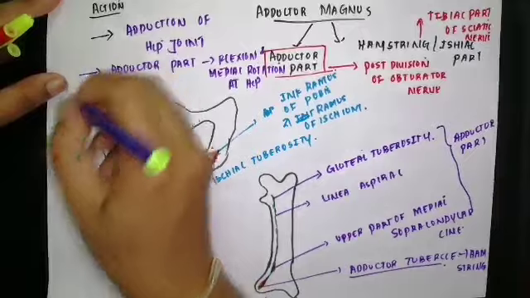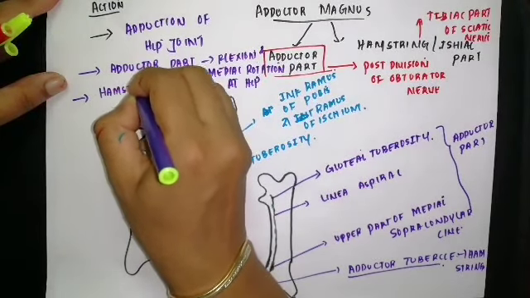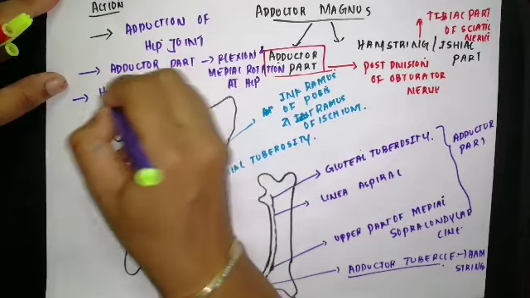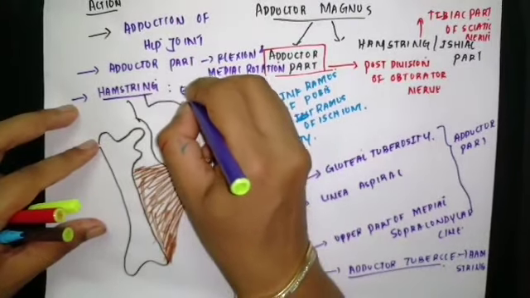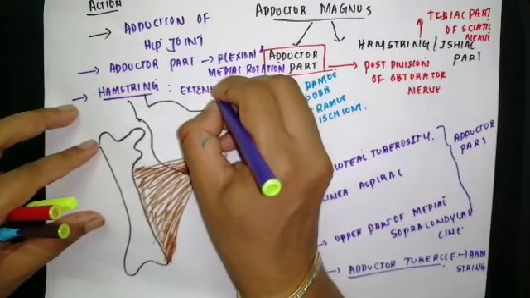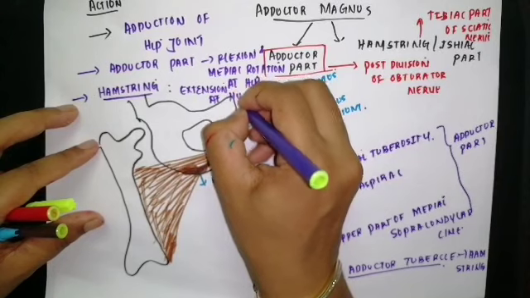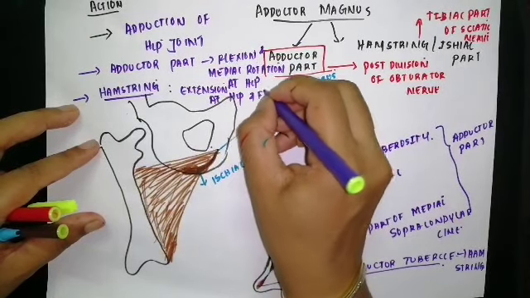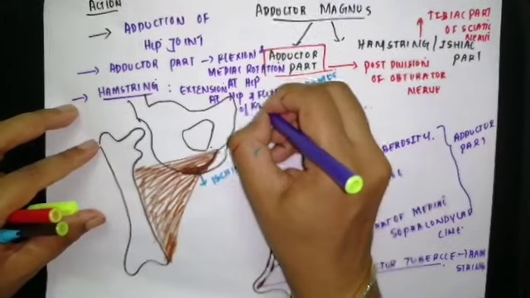Now the hamstring part carries out extension at hip joint and flexion of knee joint.